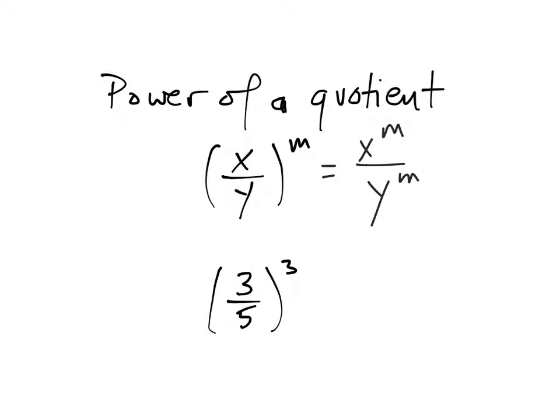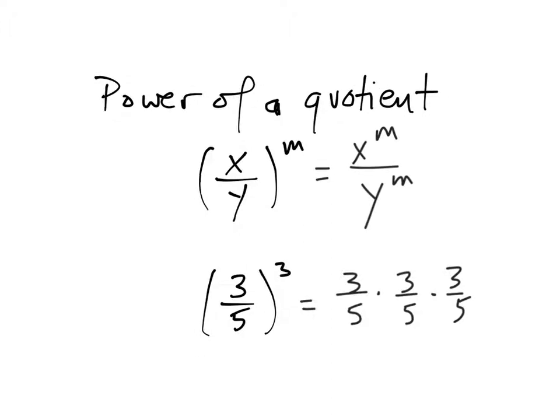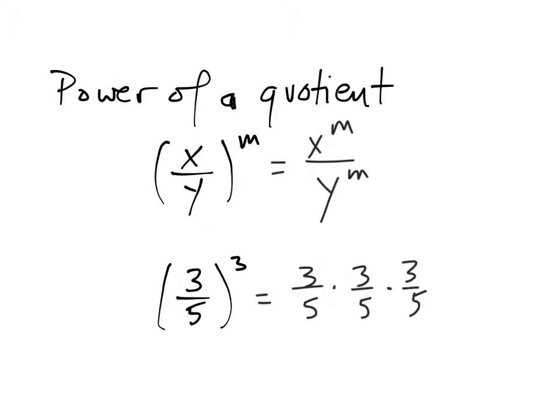When we take a look at 3/5 raised to the power of 3, we could, of course, turn that into what it actually means, which is 3 over 5 times 3 over 5 times 3 over 5. And then we could multiply straight across the top, and then straight across the bottom. When I do so, what do I get? If I do 3 times 3 times 3, what do I get? 27.